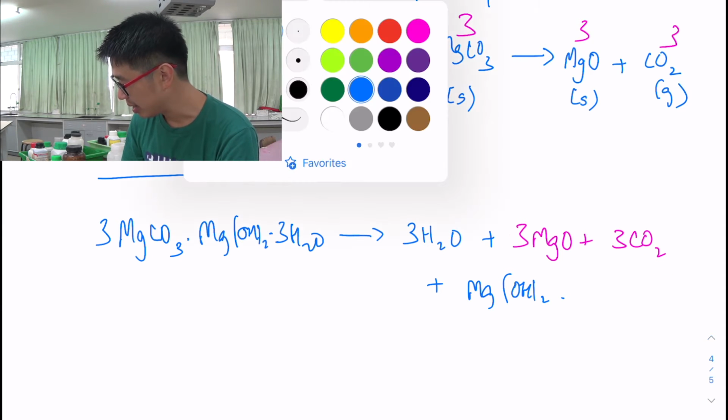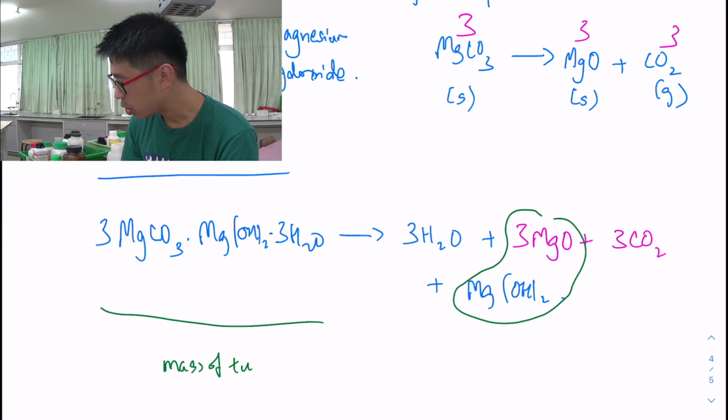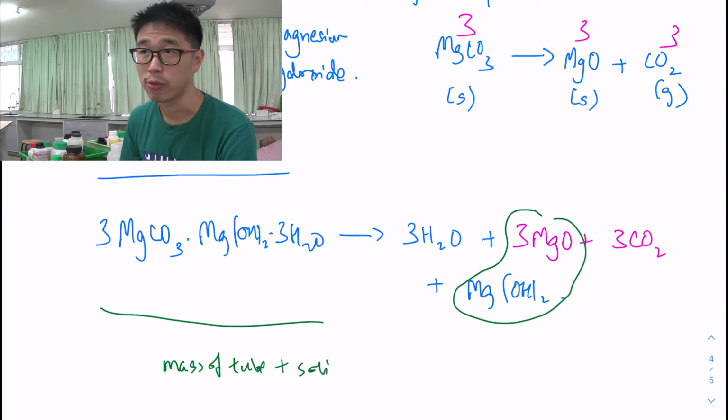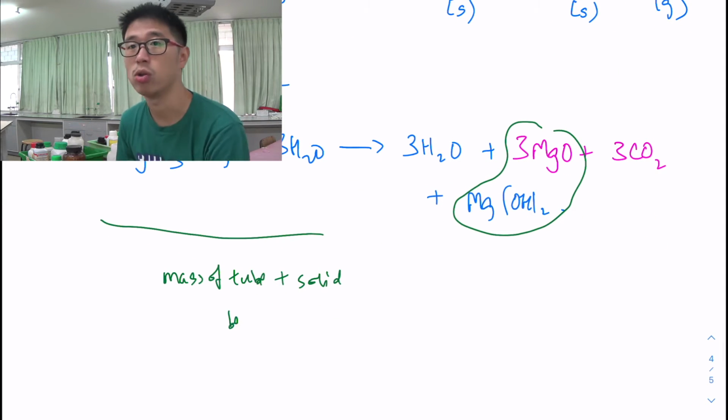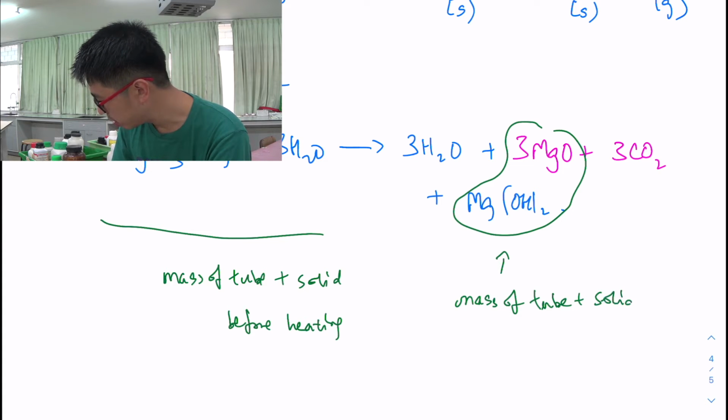We don't see a colorless gas, but we have a decrease in mass, because the water would have condensed at the upper part of the tube, which if you heat strongly you will get rid of, including all the water of crystallization. And because CO2 escapes as a gas, the mass that is left will be this.